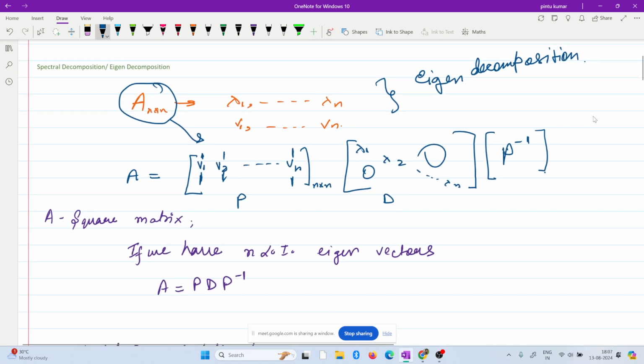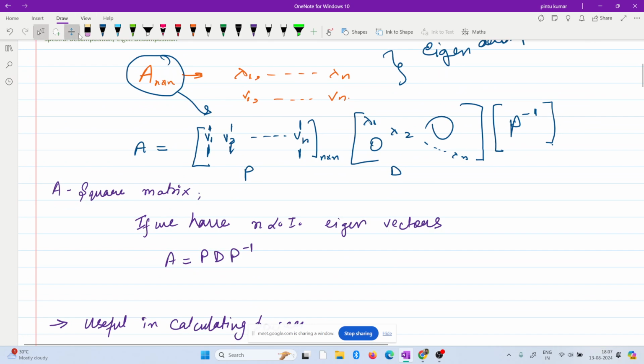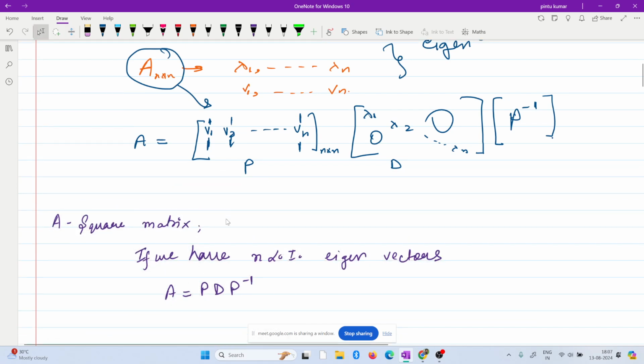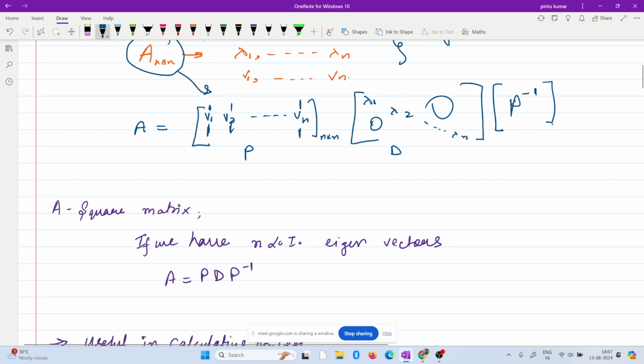So there are rules for when you can write a matrix as an eigen decomposition. But the most intuitive way to think about it is that you are writing eigenvectors as columns of your matrix P, and you also want to find the inverse of the matrix P. If you want to find the inverse of P, one condition is that these vectors you are writing as columns should be linearly independent of each other.